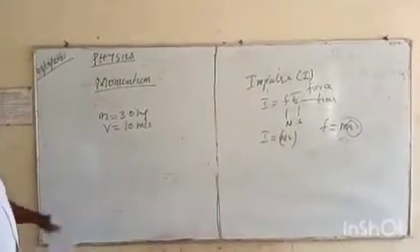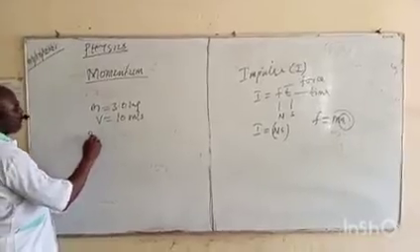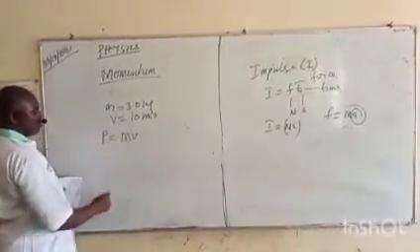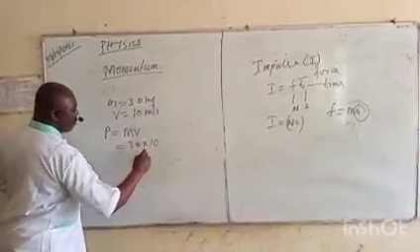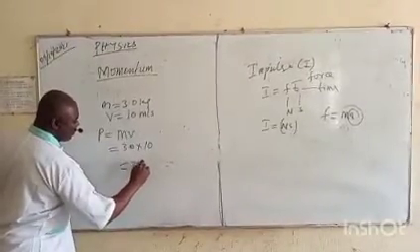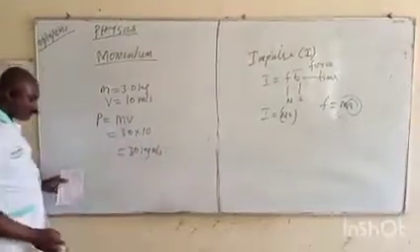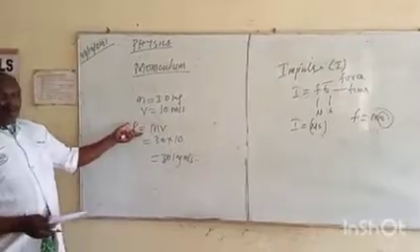Now, they ask us to find the momentum. Therefore, P, which represents our momentum, is mass times velocity, which is 3.0 times 10, which will give us what? 30 kilogram meter per second. Now, this one is the answer for this question.